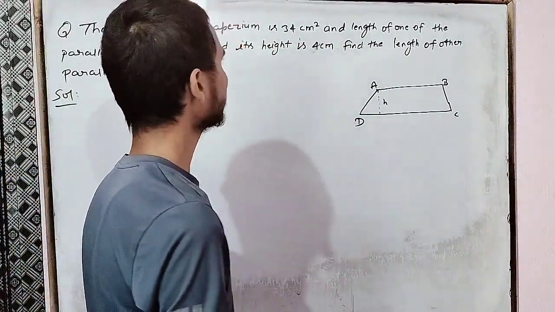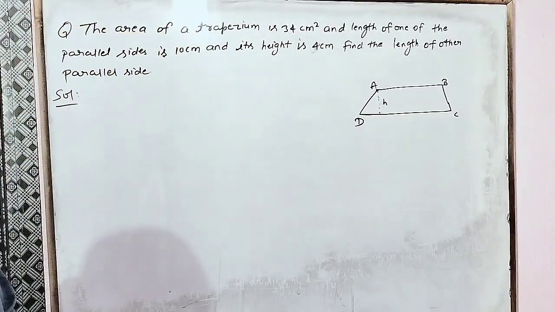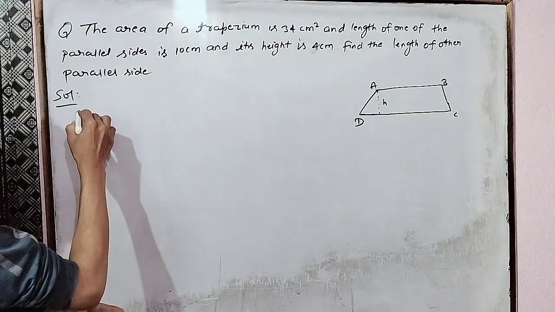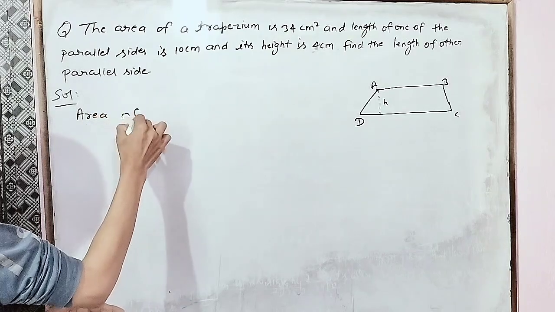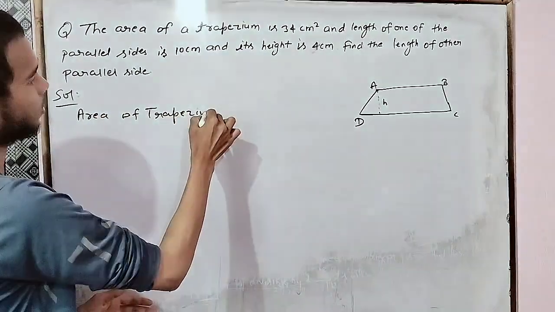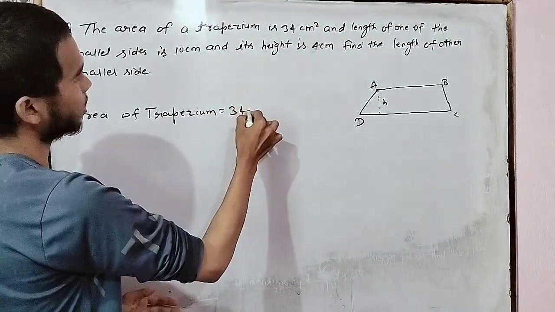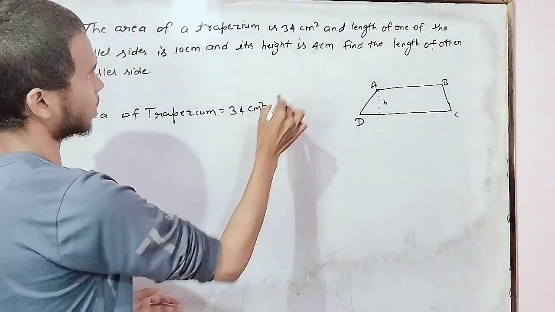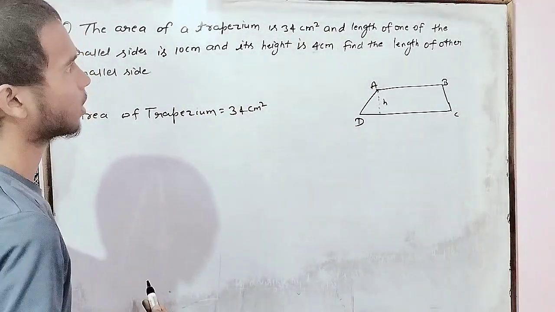Okay, what is given? Given is the area of the trapezium, which is 34 centimeter square. What else?